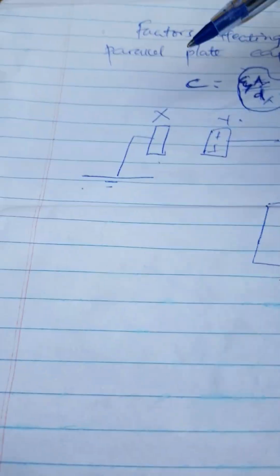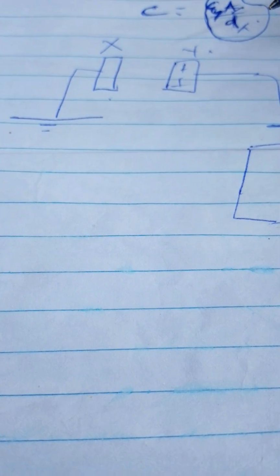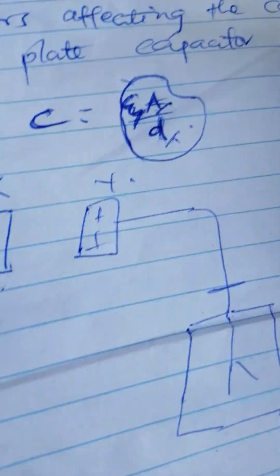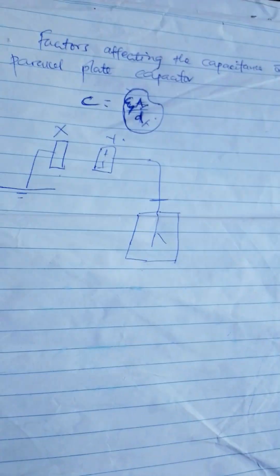So plate X is made neutral by earthing it, and plate Y is made positively charged.